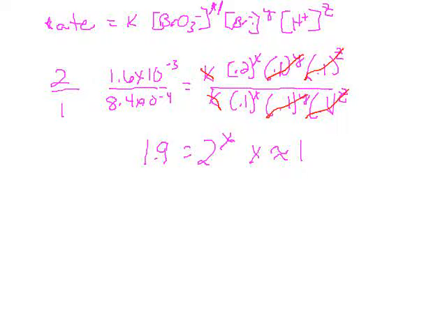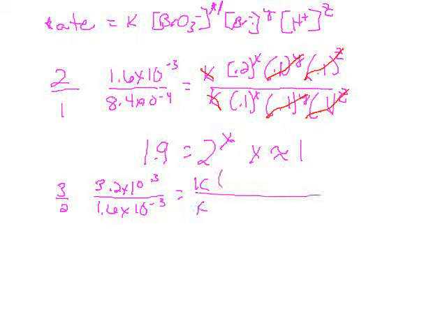Okay, so then we compare another set of data. So 3 over 2 gives us 3.2 times 10 to the negative 3 over 1.6 times 10 to the negative 3. Our K's are going to be there. So we have 0.2 to the first, 0.2 to the first, 0.2 to the Y over 0.1 to the Y, and we're still able to cancel out our unknown Z's.